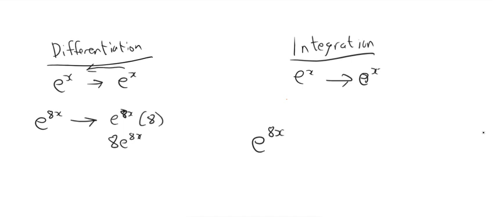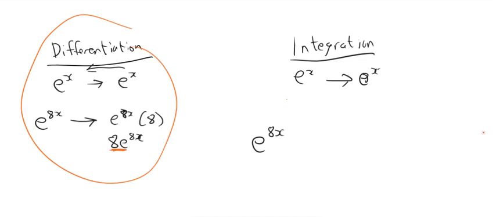But kind of similar to the trig functions, we're going to do the opposite now. So instead of multiplying by it as in differentiation, with integration we're going to end up dividing by the differential of what is in the power. So the answer to that would be e to the 8x over 8, and then your plus c.